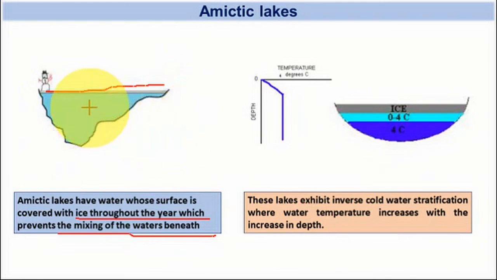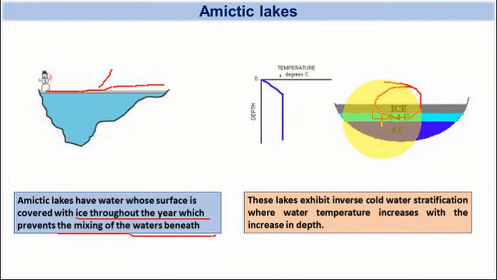In case of an amictic lake, you'll find the top is covered with ice. It means here the temperature is 0. Then if you go down, you'll find the immediate layer of water has a temperature a little higher than 0 degrees Celsius, but not 4 degrees Celsius. 4 degrees Celsius is seen only when the water depth increases.